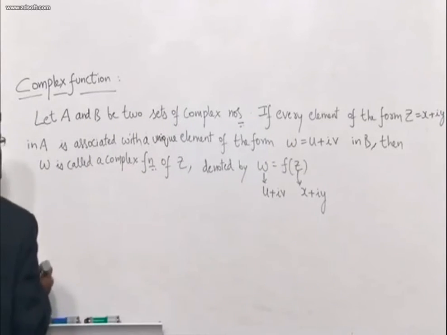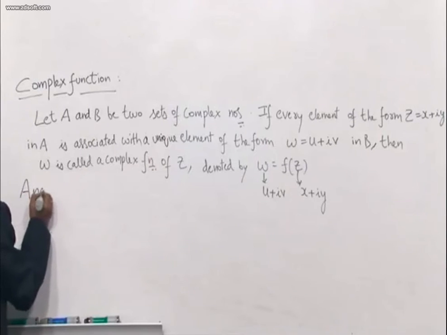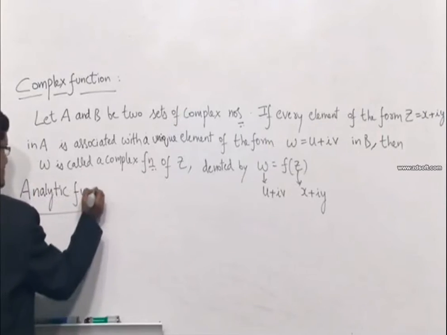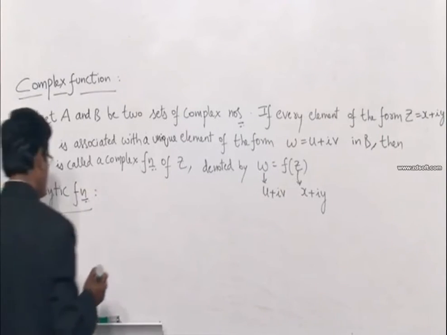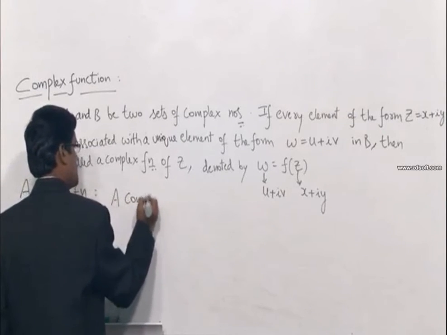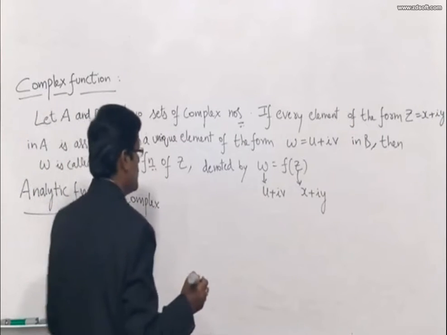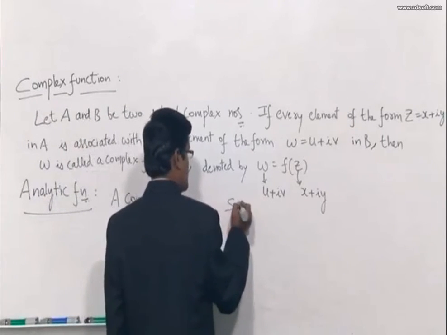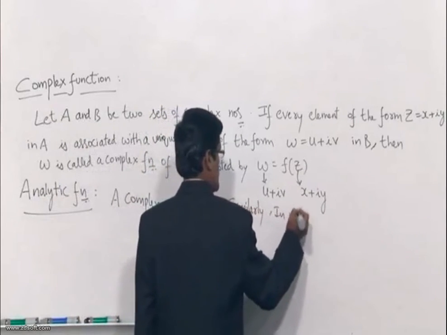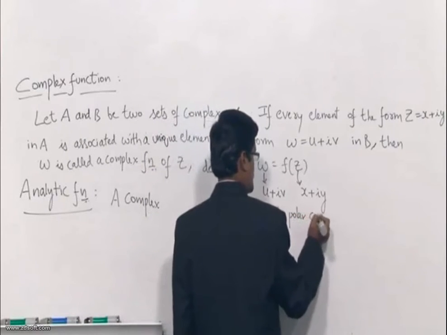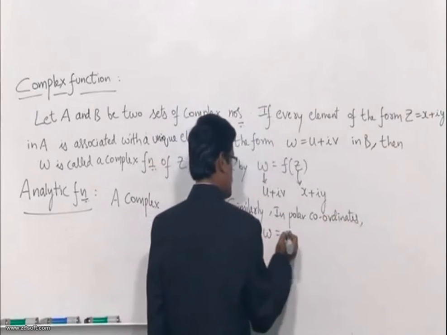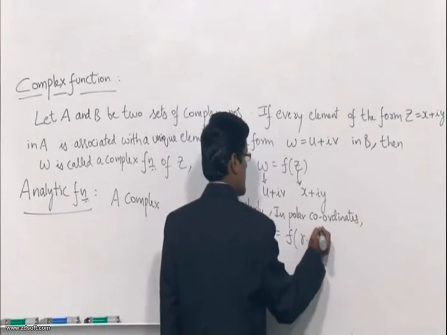Next, analytic function. A complex valued function, just you can write here similarly in polar coordinates, comma, W is equal to f of r into e power i theta.